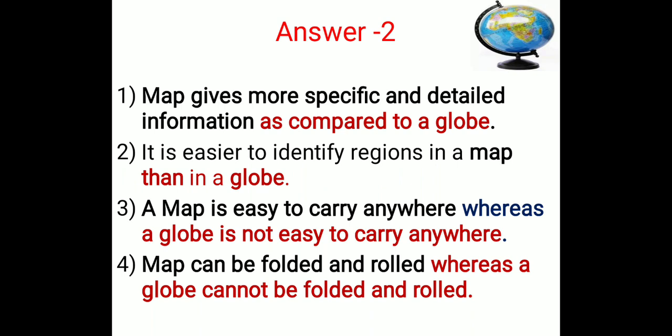A map is a flat piece, so we can fold it, roll it, and then keep it anywhere. But a globe cannot be folded and rolled. These are the points where the map is more useful than a globe. So you have to write these 4 points in this answer.